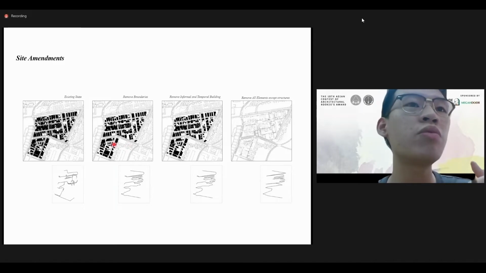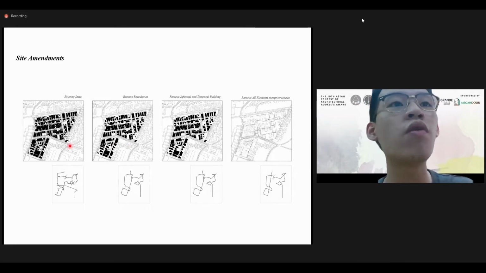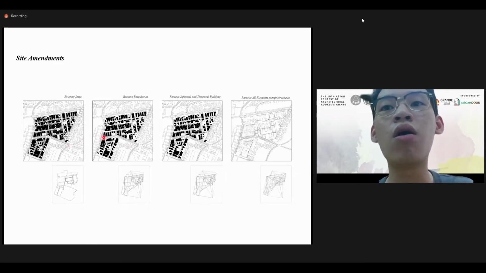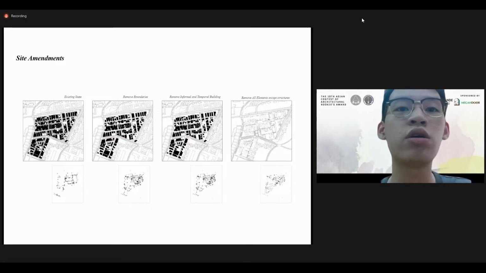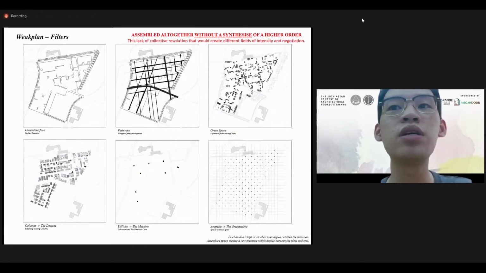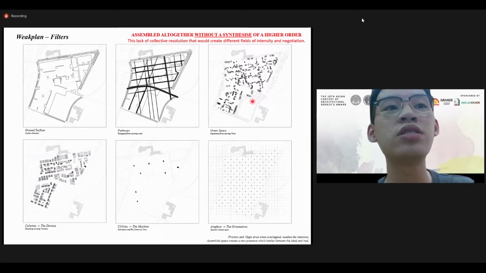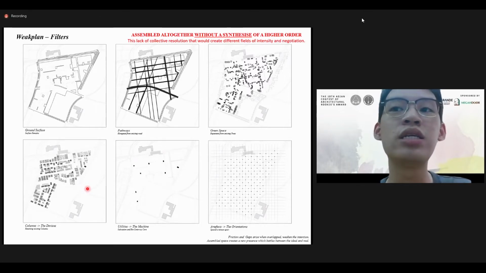The key intervention that I did was to remove all physical buildings and all boundaries, keeping only the structural columns. Six filters were then generated autonomously, each with its own logic and intention, to create surfaces, pathways, entrances, green spaces, keeping the columns. These six filters are assembled together without a synthesis of a higher order.